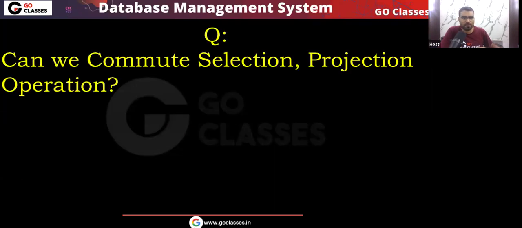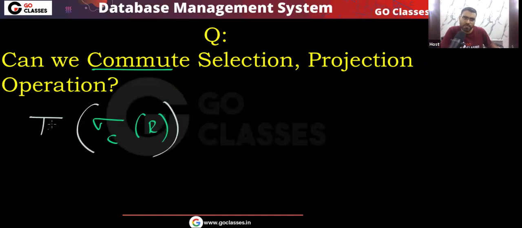Now let's move on. Can we commute selection and projection operation? This is my question. What this means is, let's assume first you are applying selection, then you are applying projection.